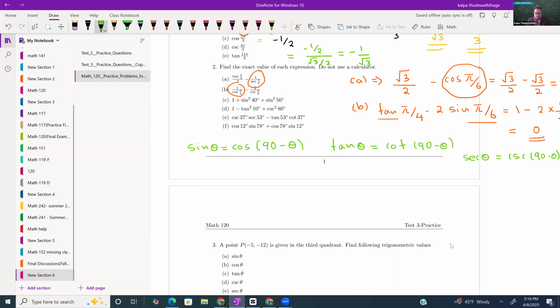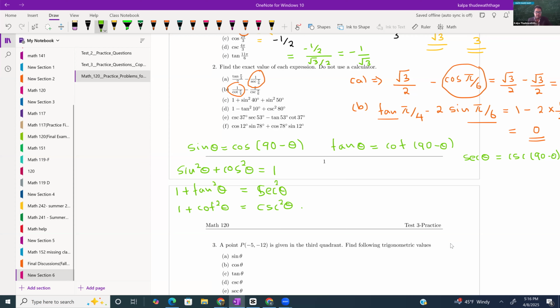So you must remember these concepts, including sine square theta plus cosine square theta is equal to 1. 1 plus tan square theta is equal to secant square theta. 1 plus cotangent square theta is equal to cosecant square theta.